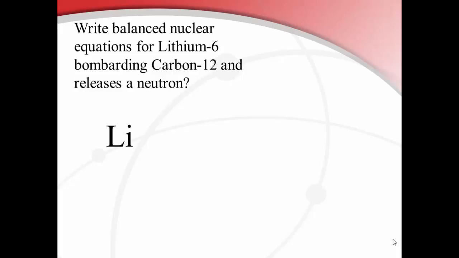Lithium has a mass of 6 and an atomic number of 3. Now when it's bombarded, it's on the reactant side. So we write plus carbon with a mass of 12 and an atomic number of 6. And it releases a neutron, which has a mass of 1 and a charge of 0, plus our new element.